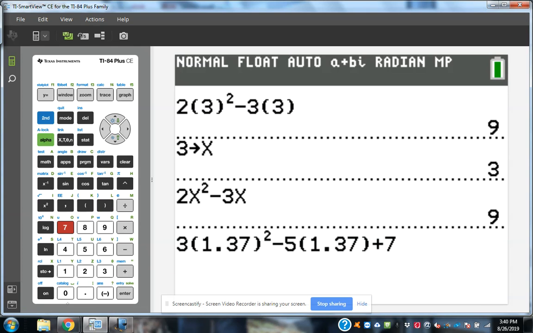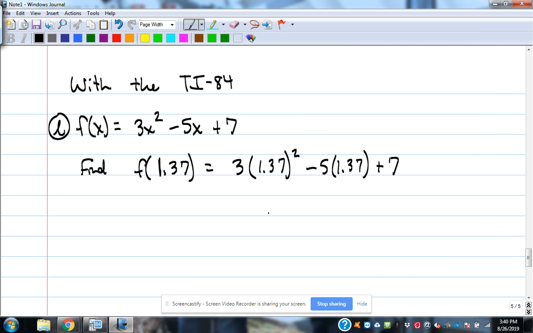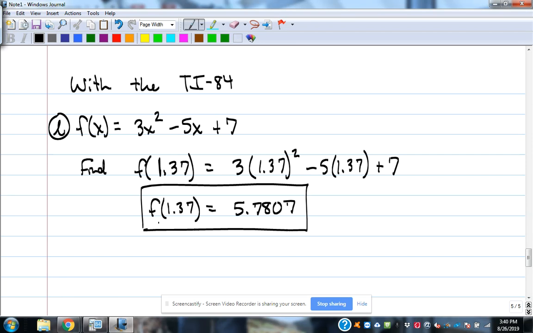If I can type it in just like that, it's going to crank out the answer. That decimal would be 5.7807. There we have that value. So it's just plugging it in with the calculator and working it out there.